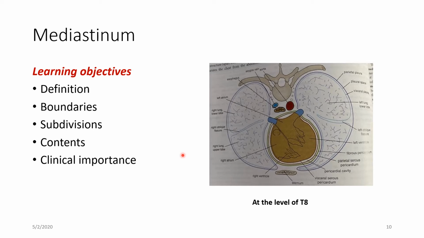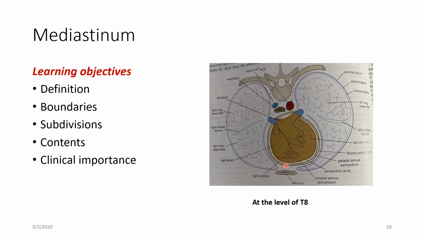In this image, you are seeing the cut section of a thorax at the level of T8 vertebra. So you are seeing the cavity of thorax at the thoracic 8 vertebral level.